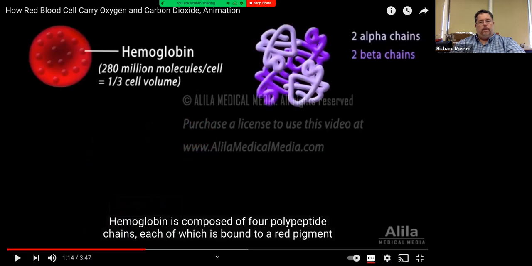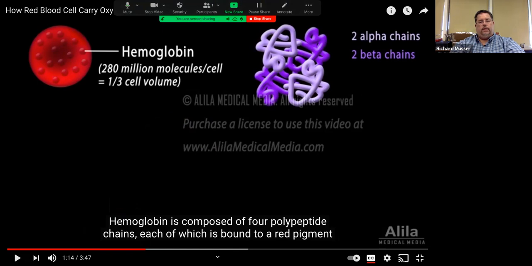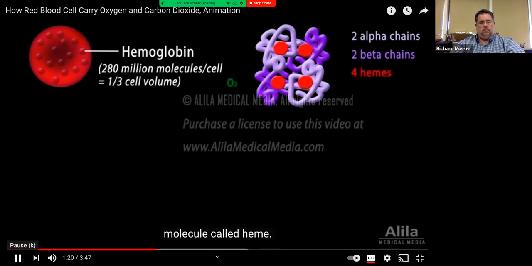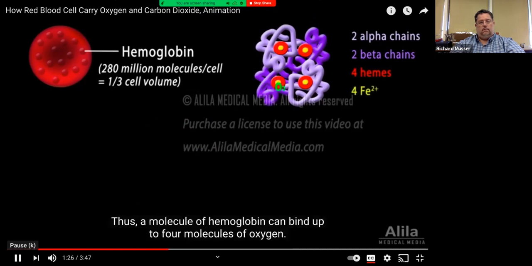Here's the hemoglobin. Again, it's going to be 2 alpha chains and 2 beta chains in adult humans, while gamma chains in fetuses. Polypeptide chains, each of which is bound to a red pigment molecule called heme. Heme binds oxygen to a ferrous iron in its center. Thus, a molecule of hemoglobin can bind up to 4 molecules of oxygen.